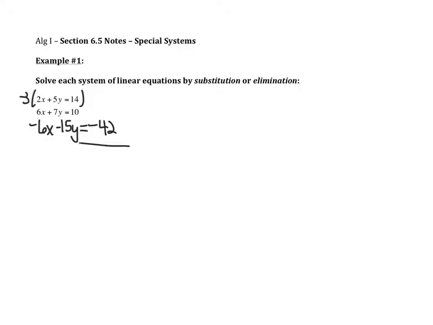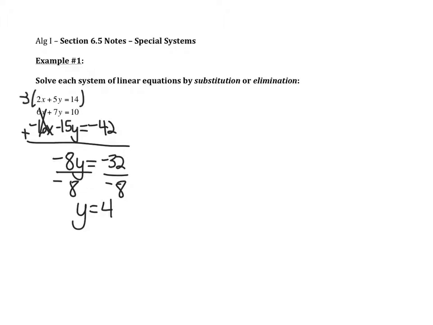So that when I add downwards, the 6x and the negative 6x will cancel, and 7y plus negative 15y would be negative 8y, and 10 plus negative 42 is negative 32. When I divide both sides by negative 8, I get y equals 4.